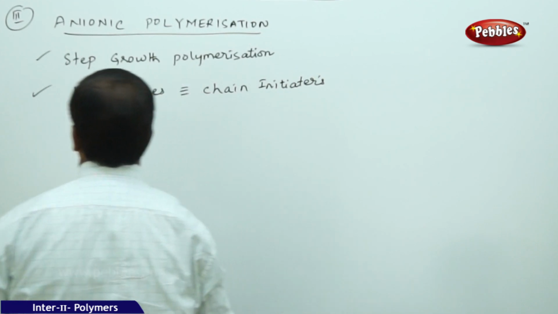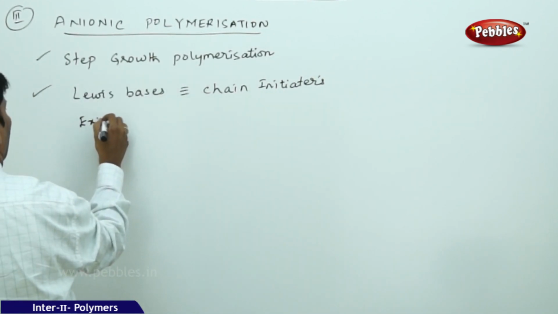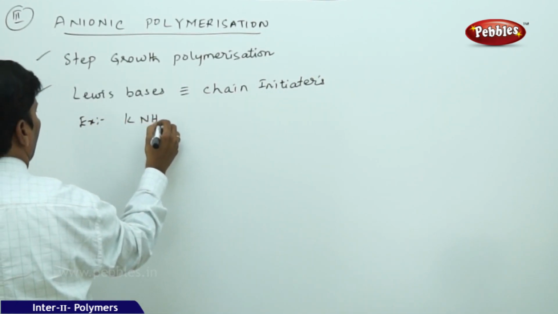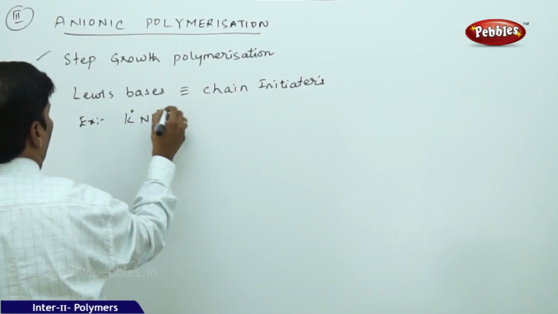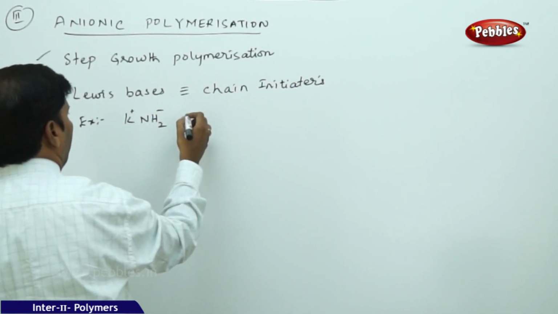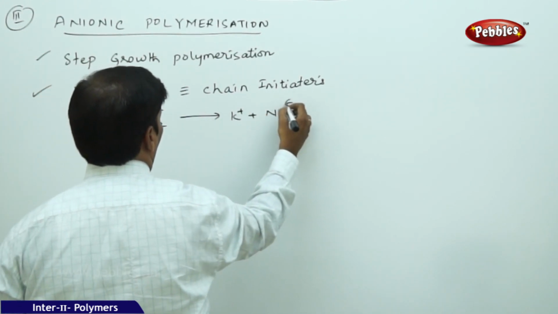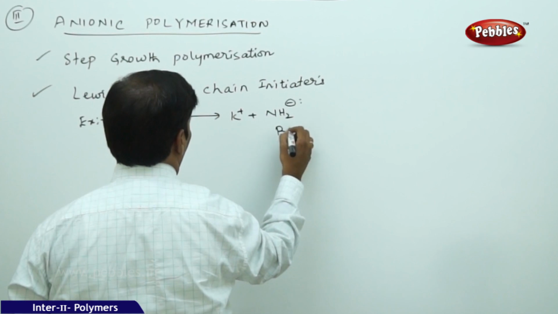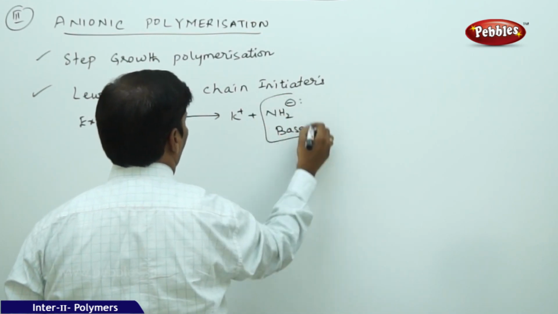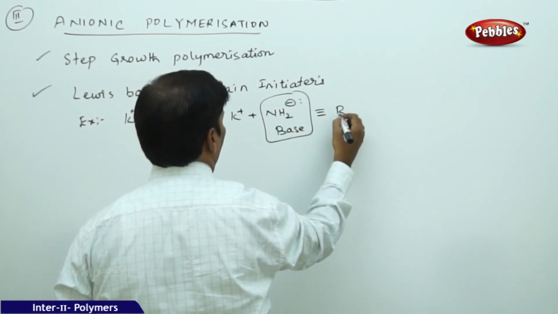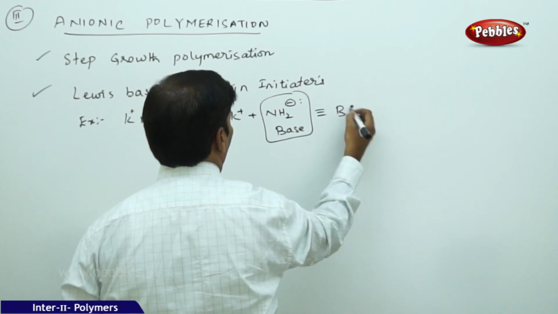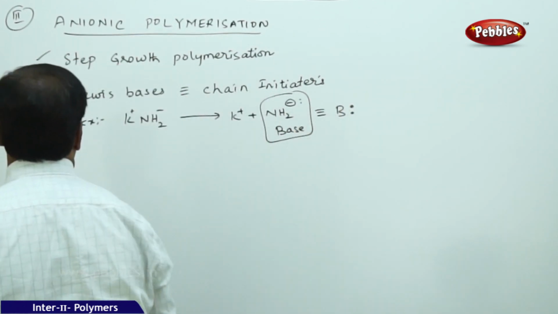These are the chain initiators. Example, you can take KNH2, K plus and NH2 minus, which is acting as a base. So let this base be given by B, a base with a non-bonding pair of electrons.